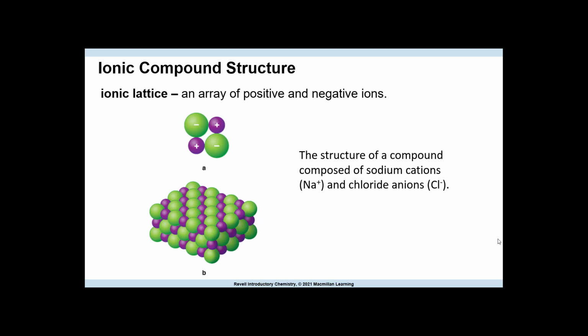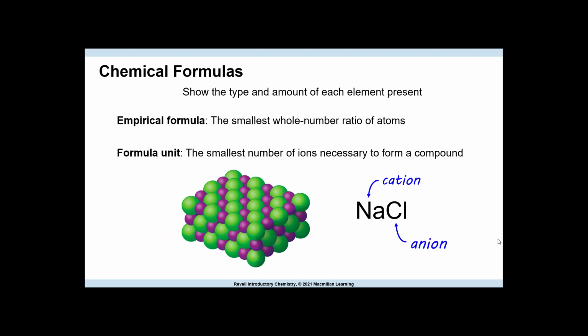Then they end up doing this alternating pattern of positively and negatively charged ions, eventually forming this 3D array. They call this an ionic lattice structure because it's linked because of the charges, and it becomes bigger and bigger by having more cations and anions come together. They will lay this way because of the charges. They will stay away from same charges, but they will be attracted to the opposite charges.